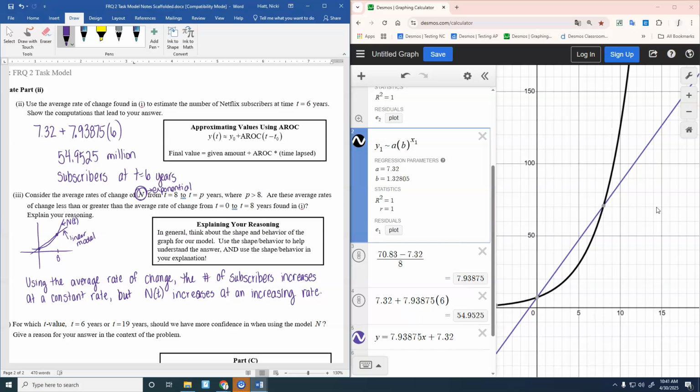It says, are the average rates of change less than or greater than the average rate of change from 0 to 8?